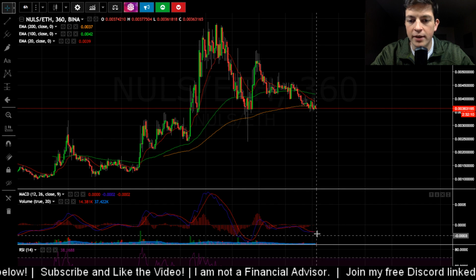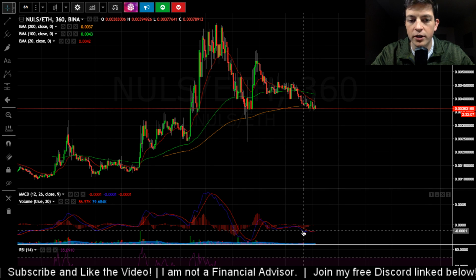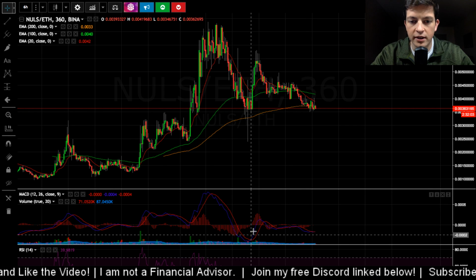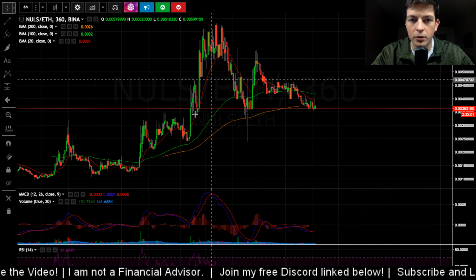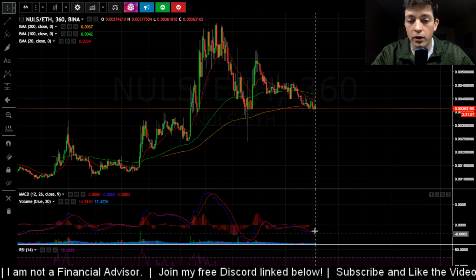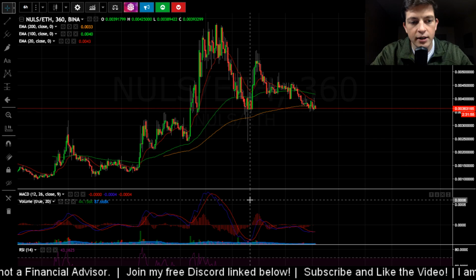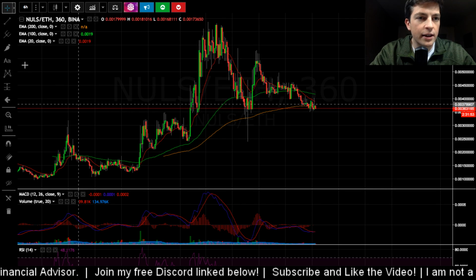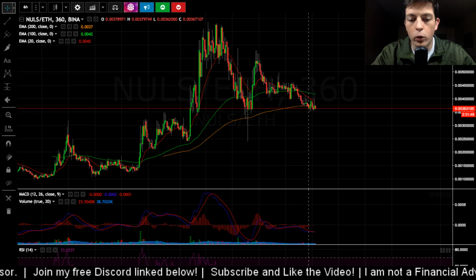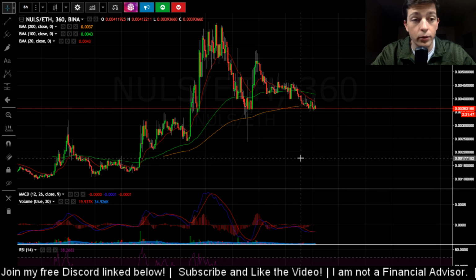I can see that the MACD is starting to switch here, and on the MACD we want the blue on top, which indicates the price is going up, as correlated with the candles here. We can see that the blue is about to cross the red, which is a good sign. And again, this is all in the 6 hours, so all of these indicators are going to take a while to see through.